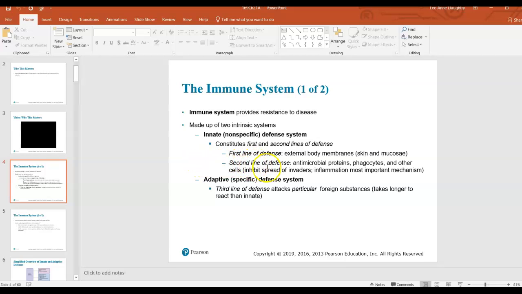The first line of defense are the skin and the mucosa, for example the mucosal lining inside of your nose and nasal cavity and your throat, and any of the openings to the outside, like your urethra, in the female the vagina, and the rectum. Any of the openings to the outside that are lined with mucous membranes are going to be the first line of defense against pathogens.